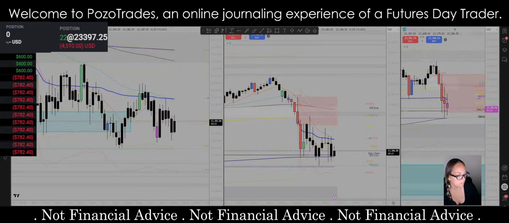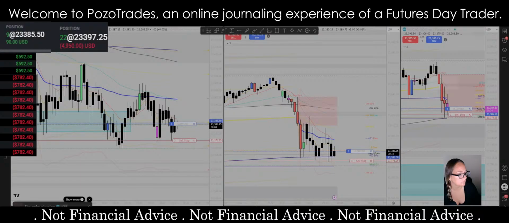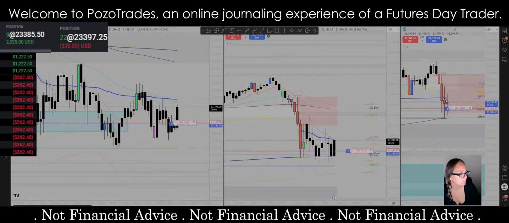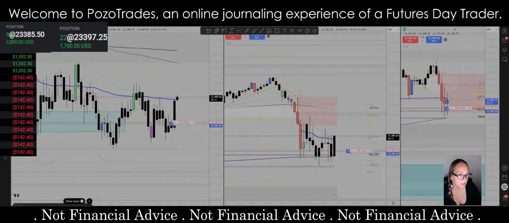And then we have a new candle. This 5 minutes finishing how I want it to finish. Getting that push up. 5 minutes now blue. I do expect them to come back down for this though.